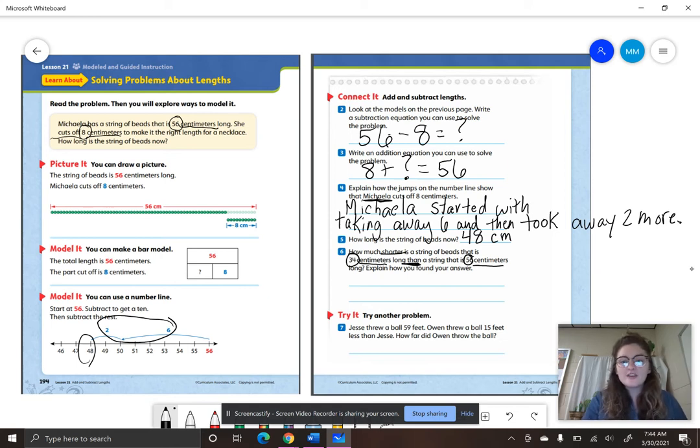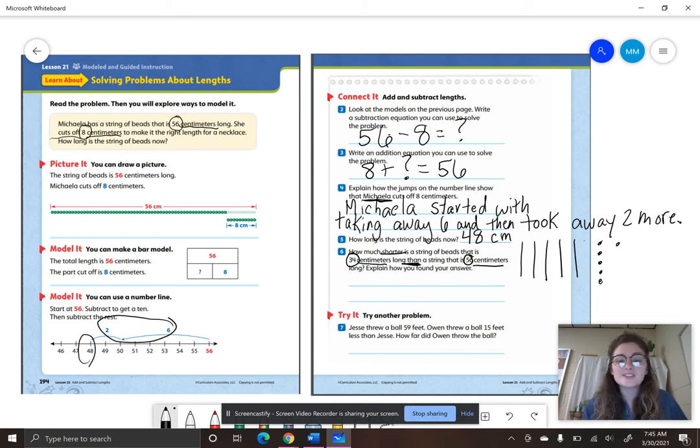56. So 56, I'm going to draw this. So 56 is how many tens? 5 tens. So 10, 20, 30, 40, 50. And how many ones? 6 ones. 1, 2, 3, 4, 5, 6. And what is the part that we are taking away?